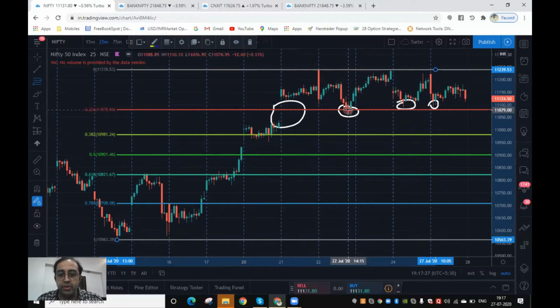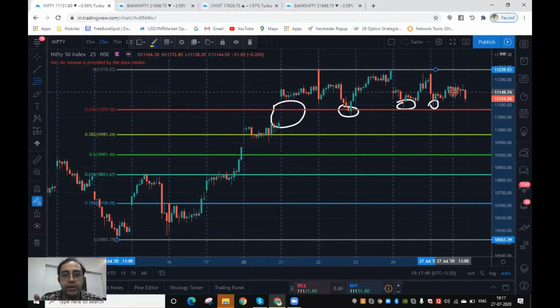You can see here there was a dip on 22nd, then there was 23rd, 24th, then there is 27th. So a 3-day dip into the support zone is helping the Nifty, and this is proving to be a very important area. Now this gap support combined with this ranging action is going to be something which we need to track.